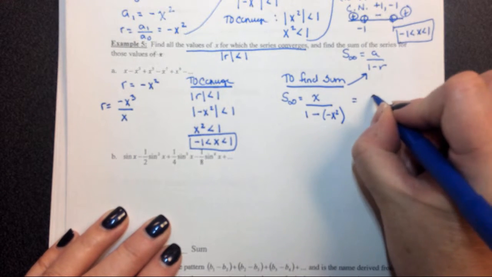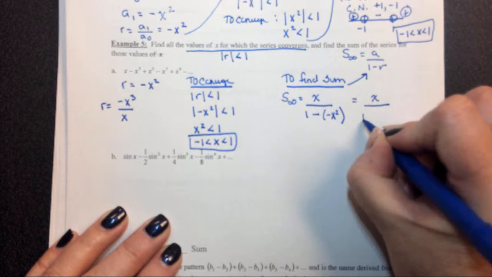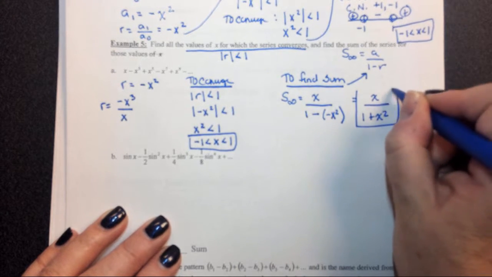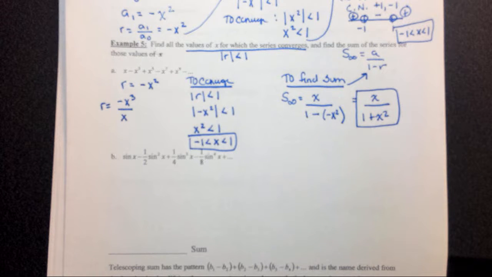So the sum would be x over 1 plus x squared. So any questions on how, given this particular series, I can figure out at what values of x this will converge, and then actually calculating the sum?